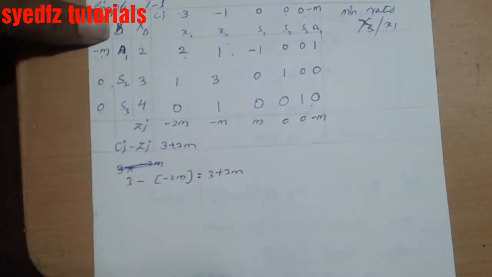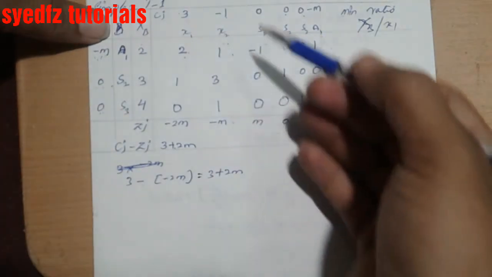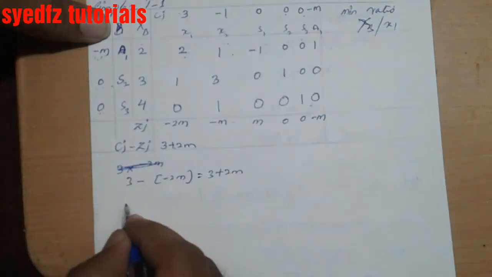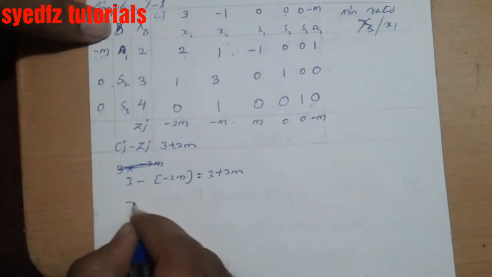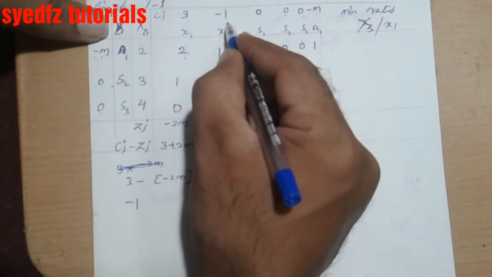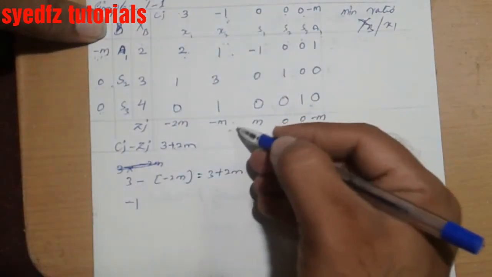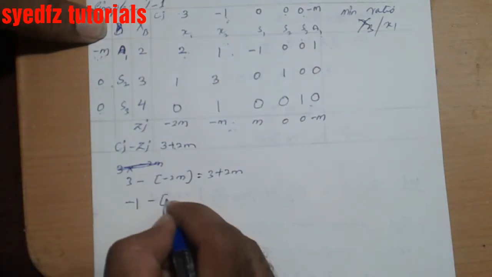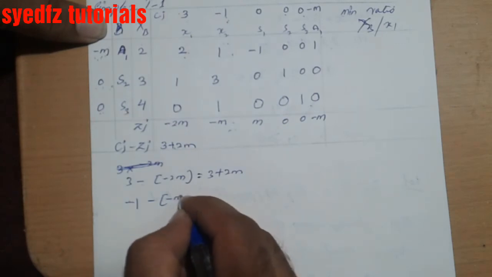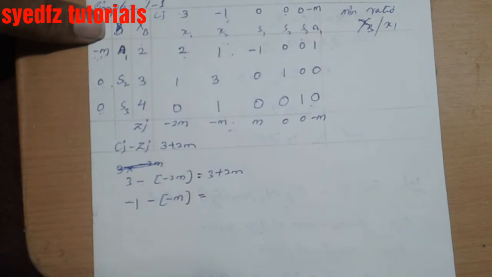Okay. Now minus 1 minus m, means what we have to do in this equation, both are minus plus minus. Let's see, this is already minus 1, this one. What we have to do, Cj minus, we have to do this value, means outside is already minus but inside minus m will come. Okay, understood.